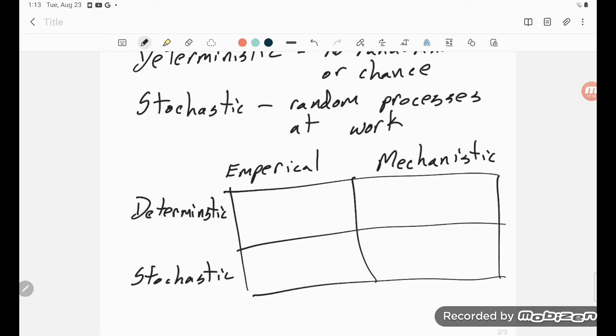Now some examples might be predicting growth from a regression line. So with the regression line, typically, I have no idea what's really going on.